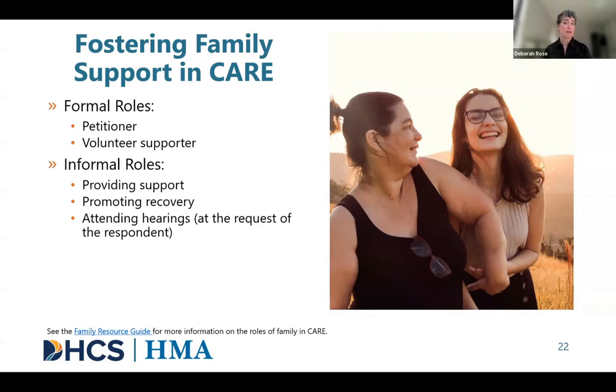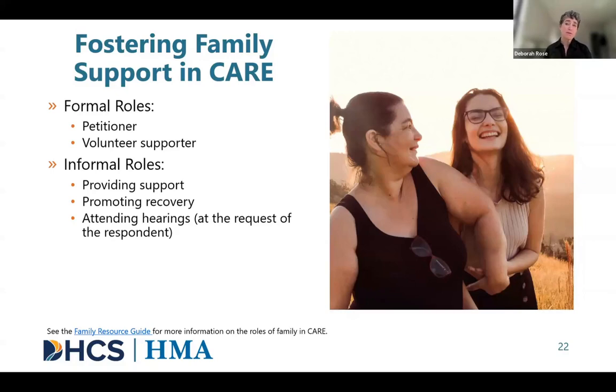Initially, a family member can file a petition. A family can also be involved in a formal way, serving as a volunteer supporter. And this is a role that is identified by the individual to ensure that their voice, their choice, and their preference needs are identified throughout the care process.